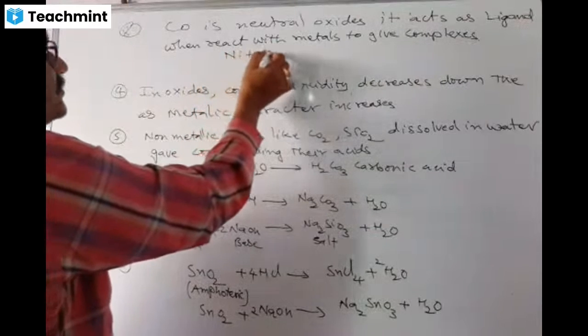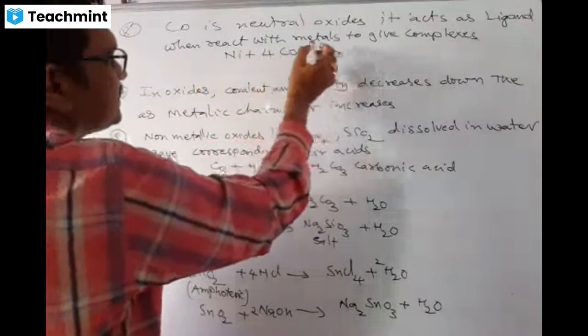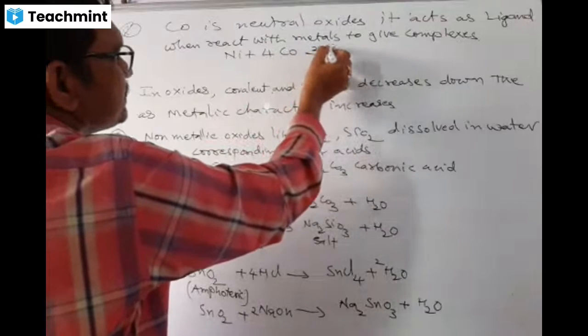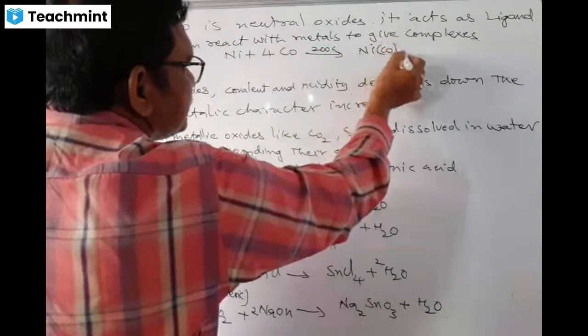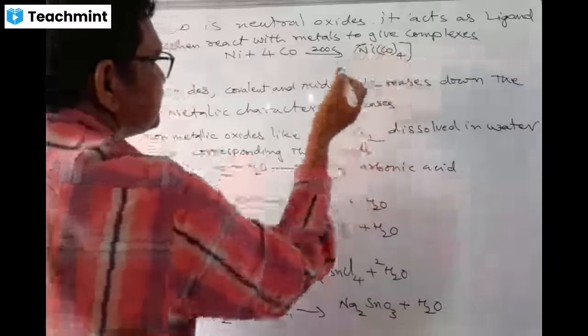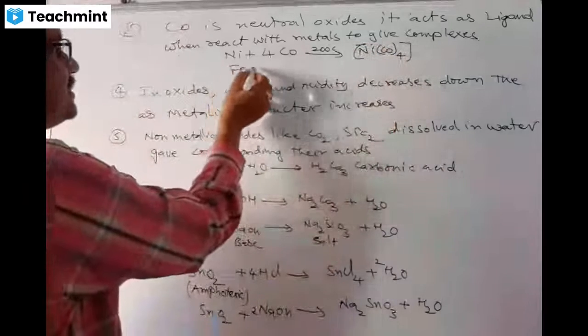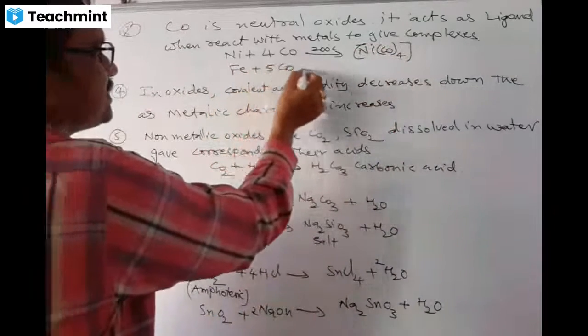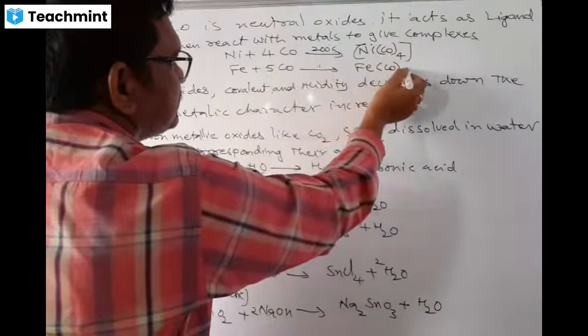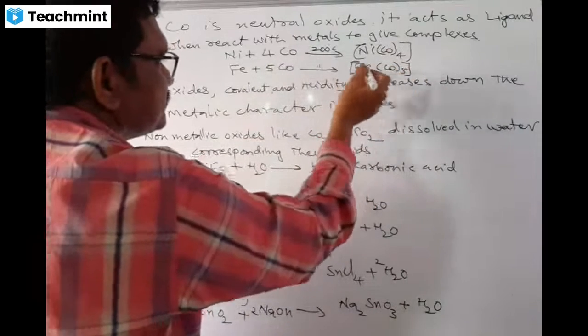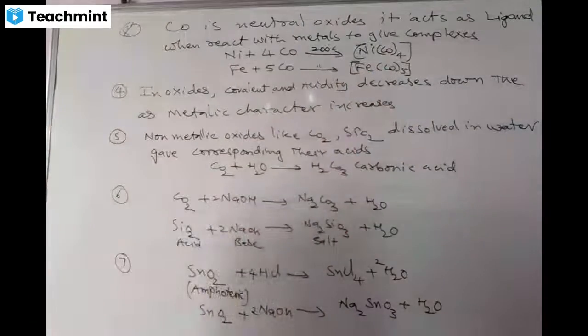For example, nickel reacts with carbon monoxide at 200 degrees Celsius to give a complex, nickel tetracarbonyl. Moreover, these are stable complexes. Like this, iron reacts with carbon monoxide to give iron pentacarbonyl. All these are metal complexes, coordination compounds.